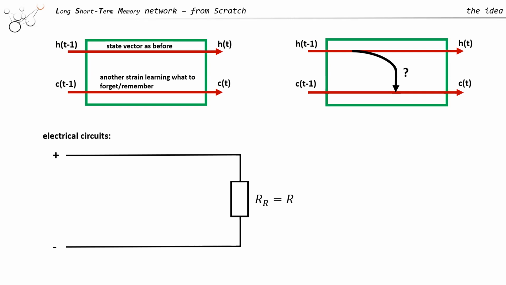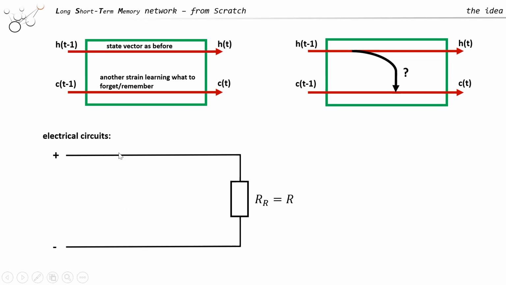So just imagine we have an electrical circuit and there's a resistance in between. And the resistance is usually called R. The current flows from plus to minus. That's, of course, not the actual physical current, which goes from minus to plus. The technical current, so to say, goes from plus to minus.